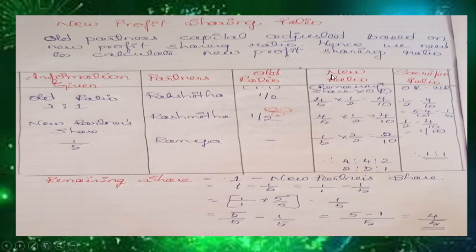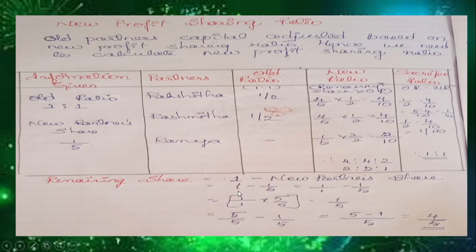Based on which we need to calculate the new ratio. Their old ratio is 1/2 and 1/2 and the new ratio calculation formula is remaining profits into old ratio. Here the remaining share can be calculated as 1 minus new partner share, so 1 minus 1 by 5.